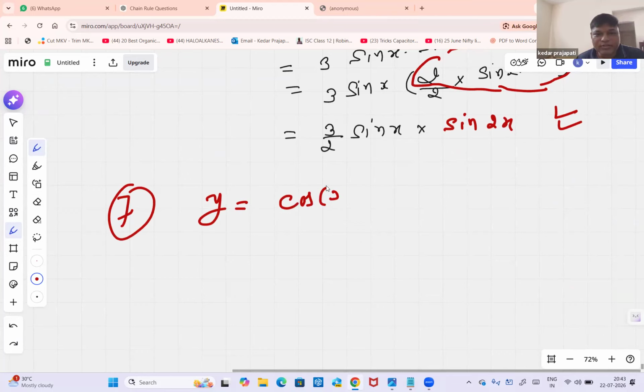In exam it will be given in this format. So cos x cube is different from cos cube x. So I'm writing dy by dx.